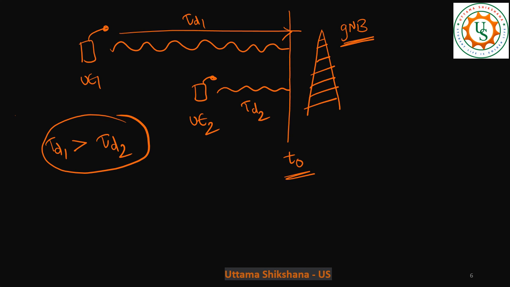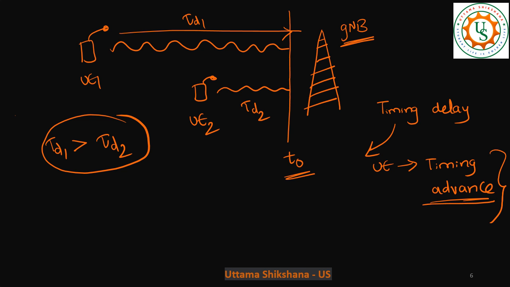That's where timing advance comes into the picture. The timing delay is estimated in the gNodeB, and when it informs the UE, it mentions timing advance, saying that you need to advance your signal by this much amount. I think you've got this clarity.